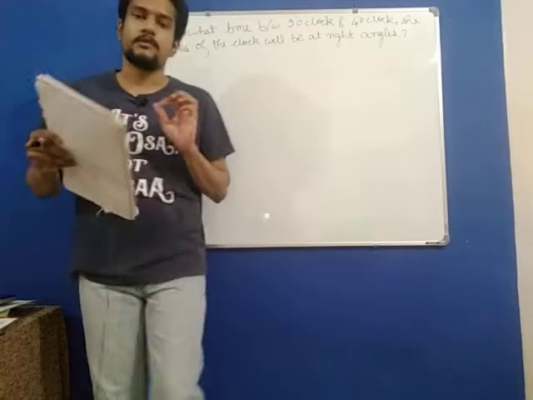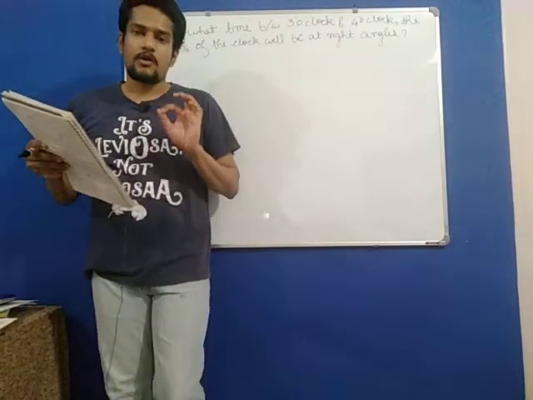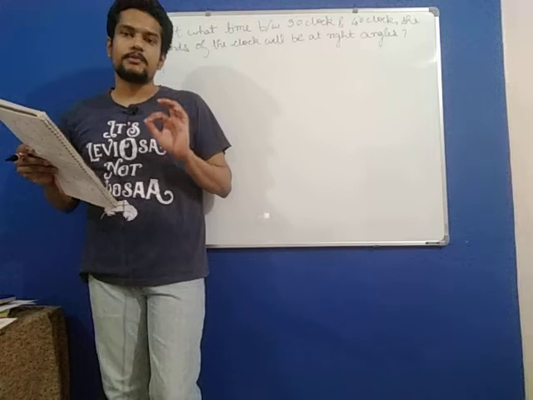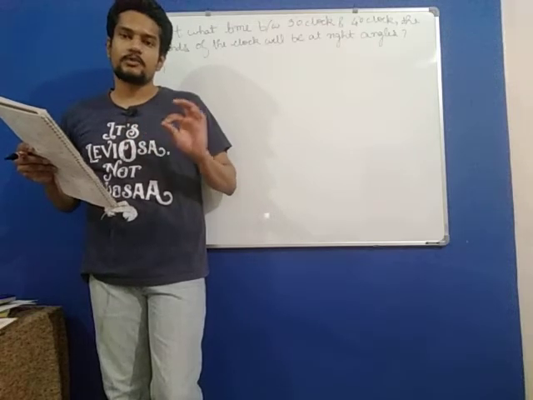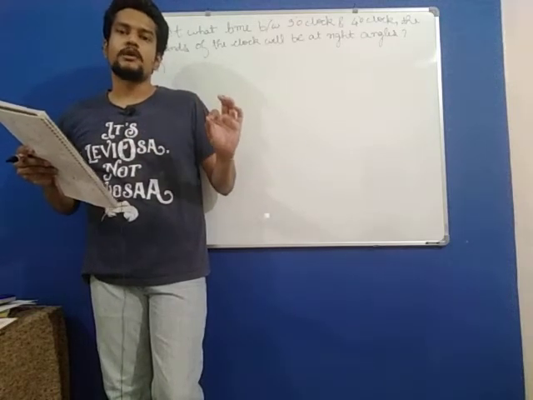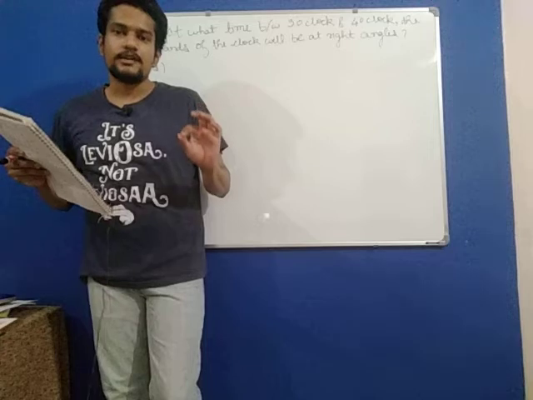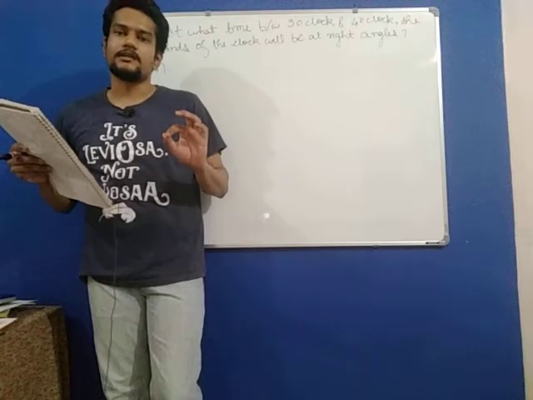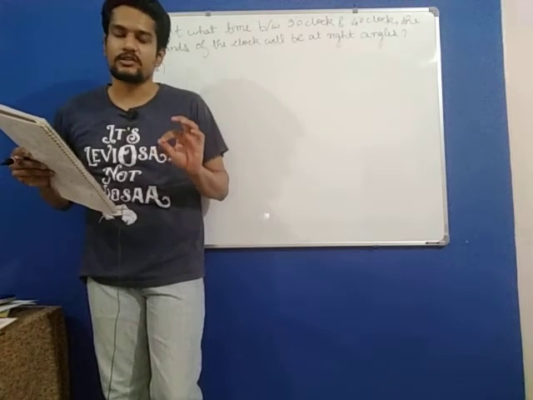Now if you remember, we drew a diagram of the clock, and seeing that diagram, we could tell that between two particular times, how many times the hours and the minutes hand will be at right angles to each other.